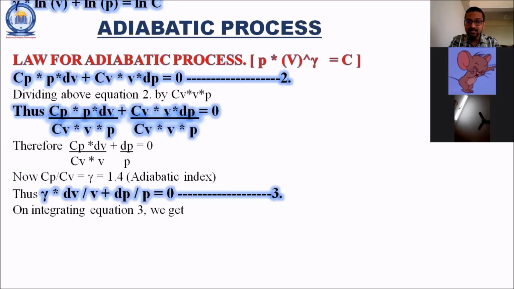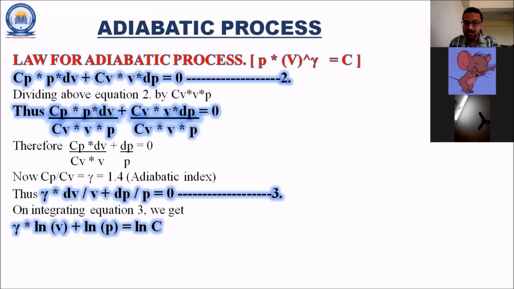So I will be getting gamma into ln v plus ln p, and integration of 0, that is a constant term, so I am writing that constant in the form of ln c. I hope you are understanding the points. We are just doing the simple integration of 1 by x dx, that is ln x.